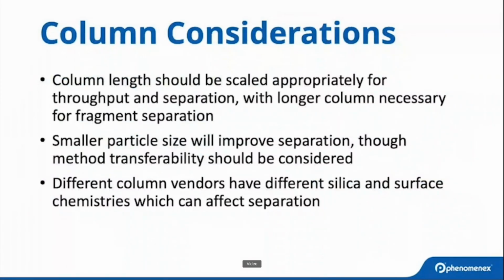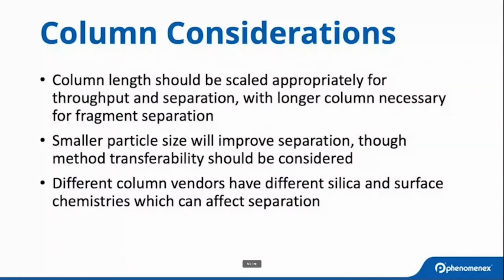So looking at column considerations with a focus on column dimensions and particle configurations. First, longer columns are always going to provide an advantage for size exclusion, but this should be scaled for a specific application. As with an isocratic non-adsorptive separation, longer columns are always going to lead to a longer method.